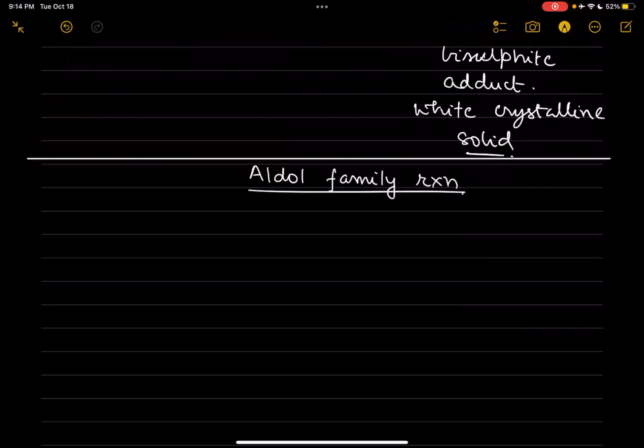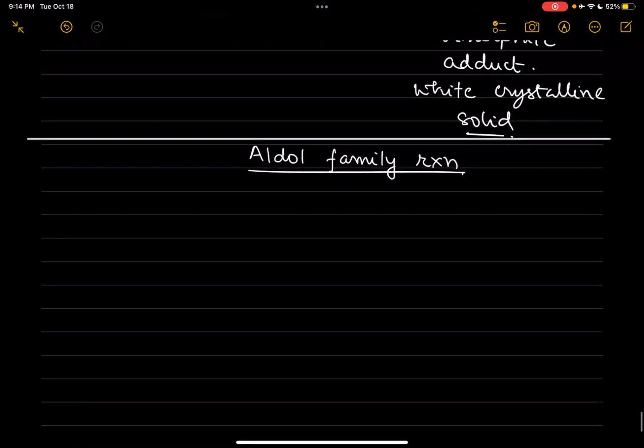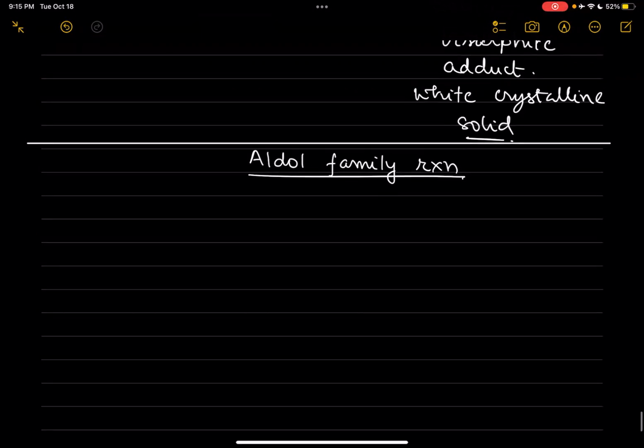So what are aldol family reactions? Any idea? Sir, they are the reaction between an aldehyde or a ketone and base, I think, to form an alpha beta unsaturated compound.